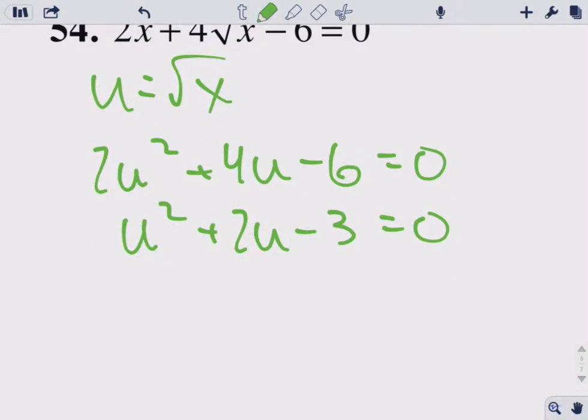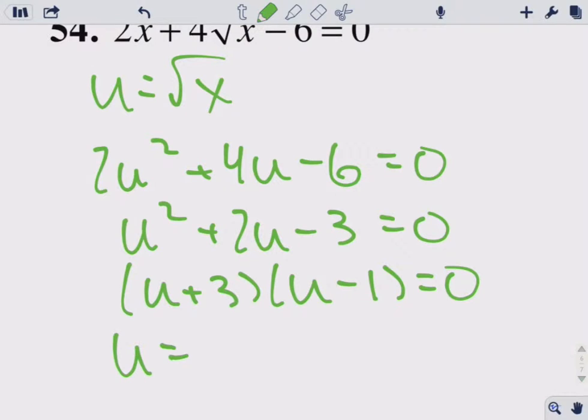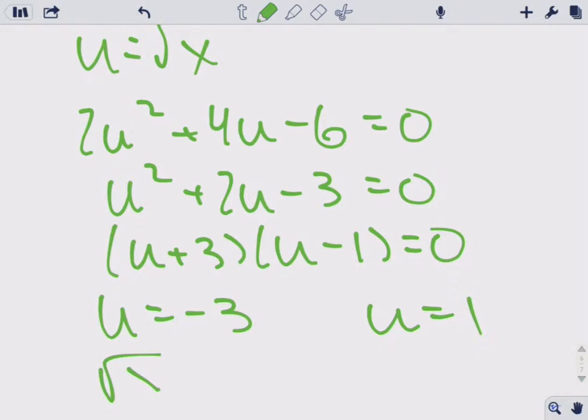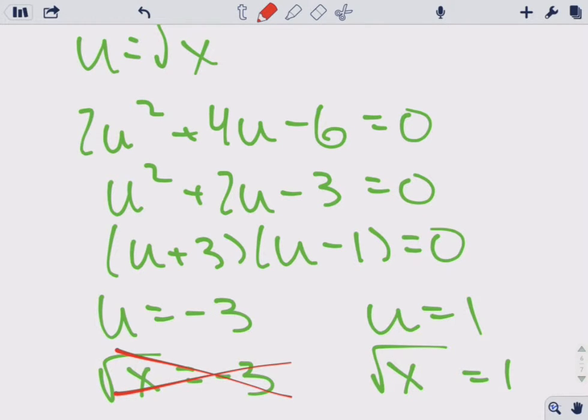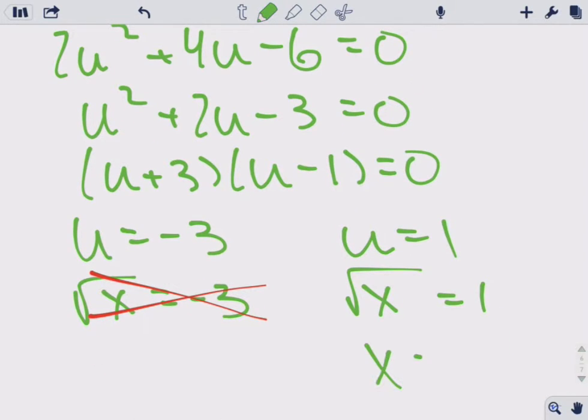Alright, and so now I have u plus 3, u minus 1 is equal to 0. So u is equal to negative 3, u is equal to 1. Square root of x is equal to negative 3, square root of x is equal to 1. Well, guess what? The square root of x can't be equal to negative 3, so we throw that out. And we finish it over here by squaring it. And I get x is equal to 1, and that's your answer.